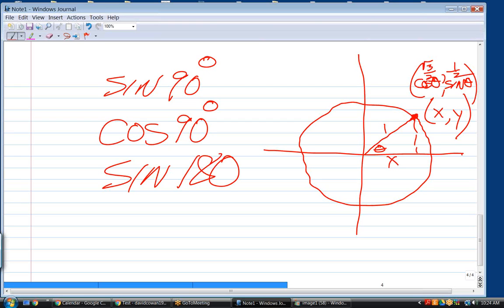Because the sine of 30 is 1/2, the cosine of 30 is square root of 3 over 2. So they want you to be able to put both of those coordinates down. So I know you have all of them memorized, and that's good, but make sure you know that the x coordinate is cosine of theta, the y coordinate is sine of theta.